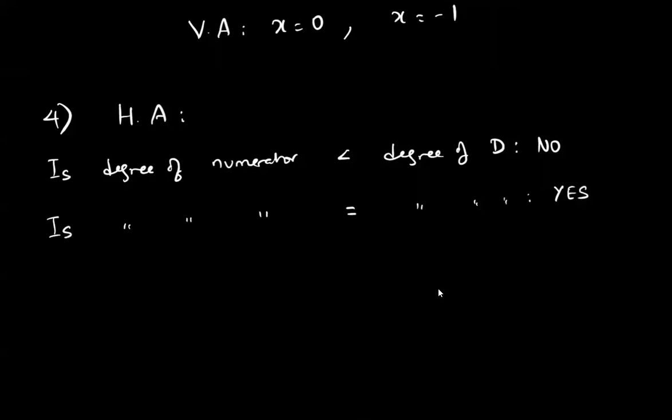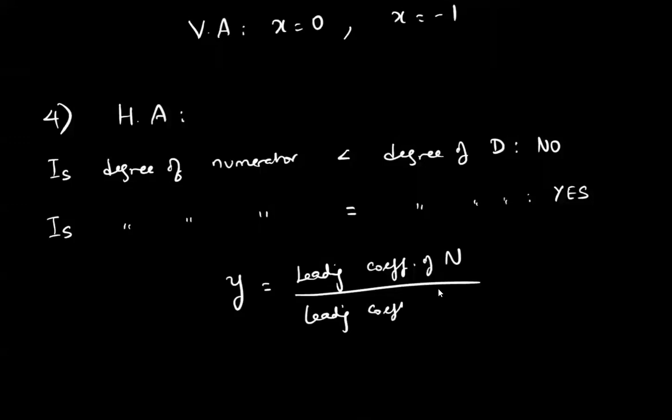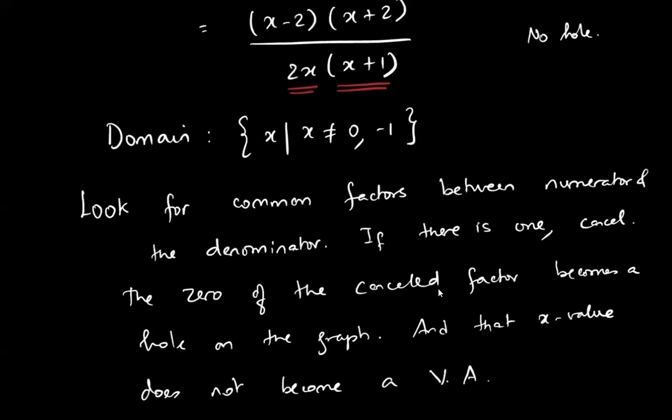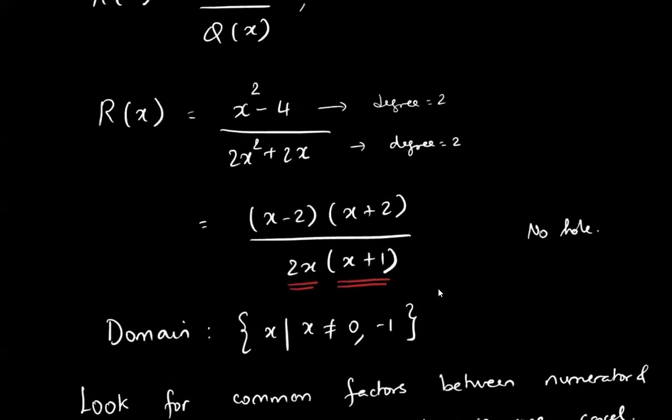So my horizontal asymptote is given by the equation y equals the leading coefficient of the numerator over the leading coefficient of the denominator. 1 is the leading coefficient of the numerator, and 2 is the leading coefficient of the denominator.